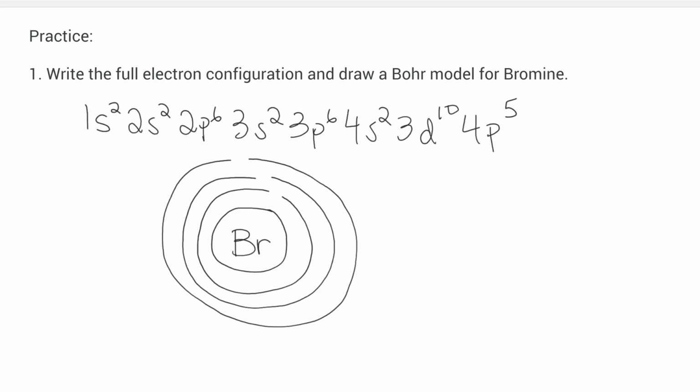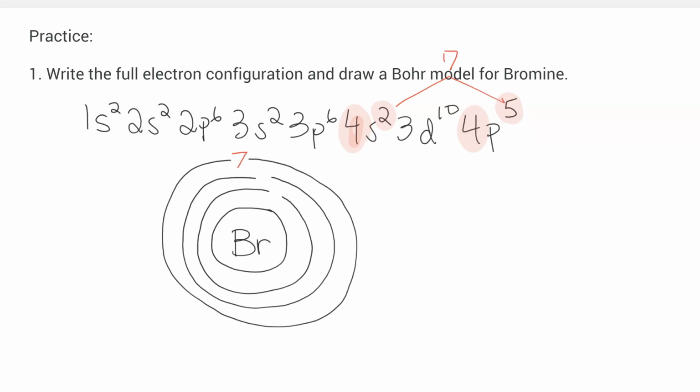When I do this, I like to start with the valence shell of electrons. My outermost shell is energy level number 4. So I'm going to pick all the pieces of my electron configuration that have energy level number 4, and add the number of electrons in those together. I see 4s2 and 4p5, so 2 electrons in my 4s orbital, and 5 electrons in my 4p orbitals. 2 plus 5 gives me a total of 7 electrons in that valence shell.